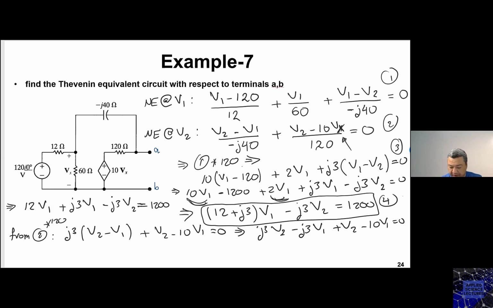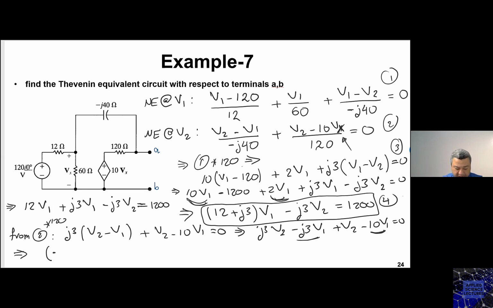So I have here V1 as real and this one V1 imaginary. So take the V1 outside. What do I get?